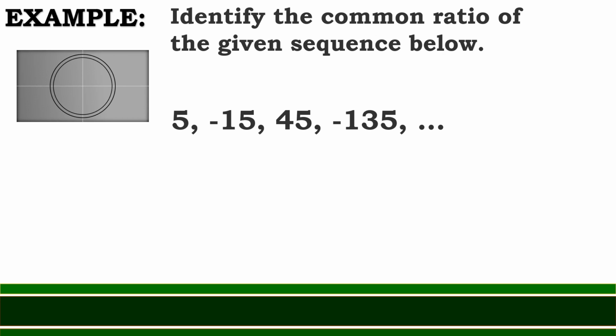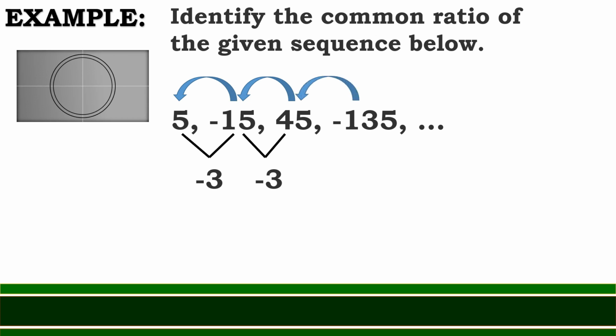So negative 15 divided by positive 5, dahil unlike sign sila, will give you a negative answer, which is negative 3. 45 divided by negative 15, dahil unlike sign sila, that will give you negative 3 also. Okay? So, negative 135 divided by 45, dahil unlike sign ulit sila, will give you negative 3.